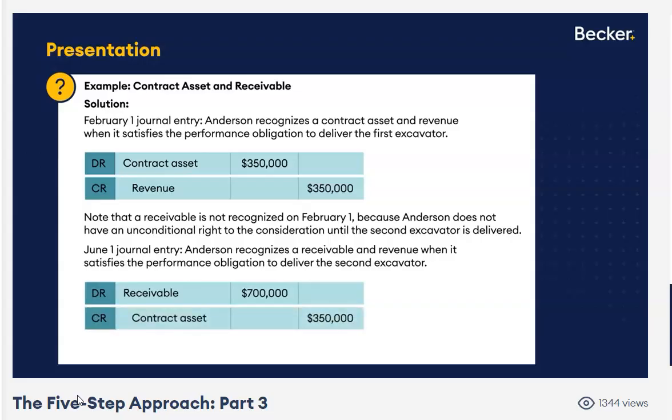That is the reversing of the contract asset of $350,000 plus the delivery of the second item. So that's a total of $700,000. And since we already recognized the revenue on the delivery of the first, we'll now recognize the revenue on the delivery of the second one. That's the way this would be done with a contract asset or a contract liability.